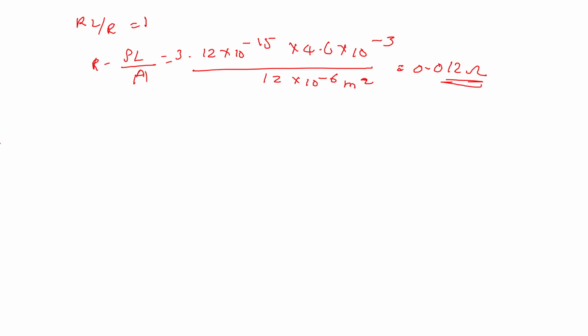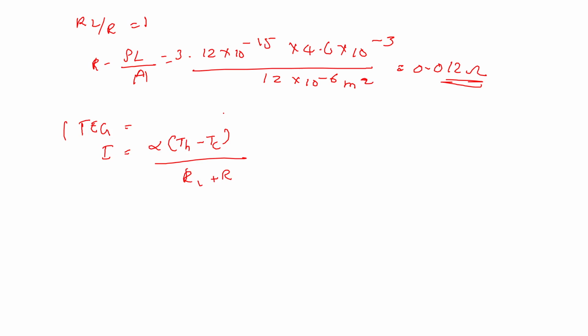Now for 1 TEG, you can write the current as alpha times (TH minus TC) divided by (RL plus R).